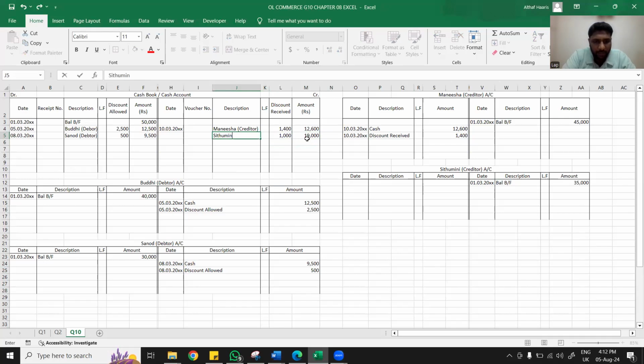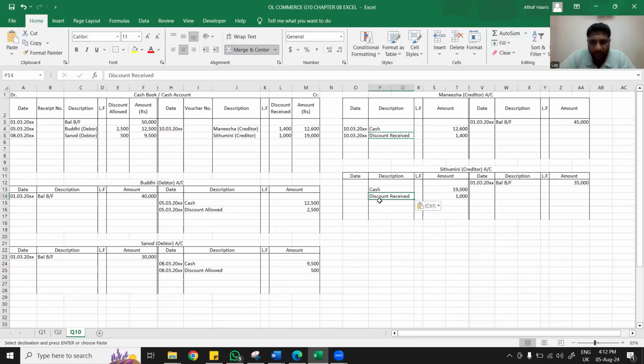Situmini, creditor. 19,000 and 1,000. Cash. This is discount receipt. So what's the date? 15th March.